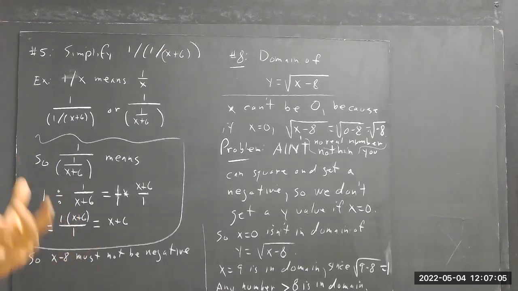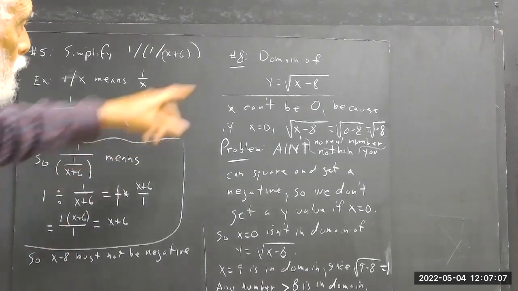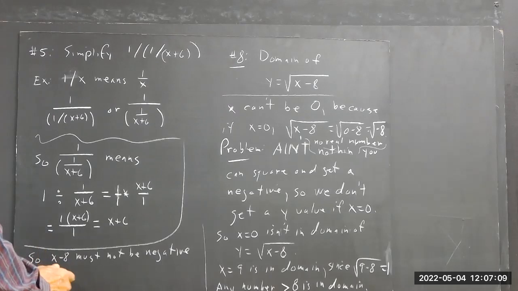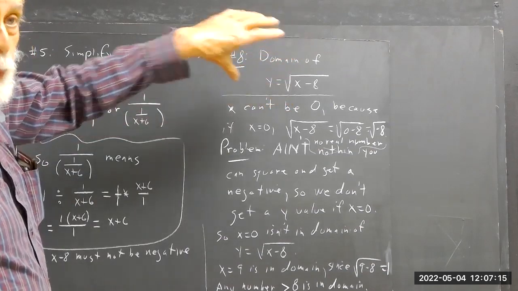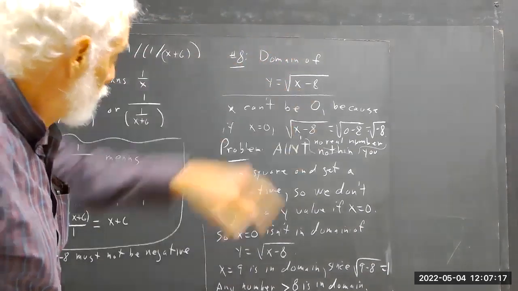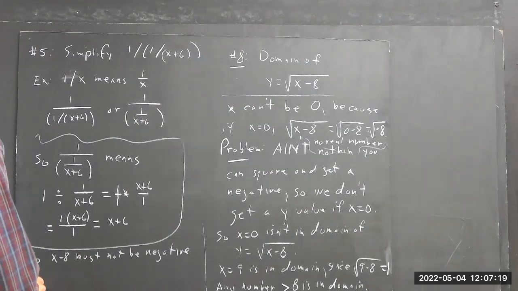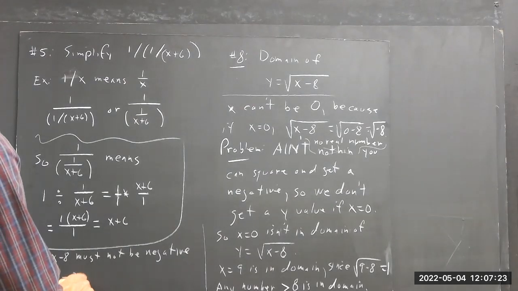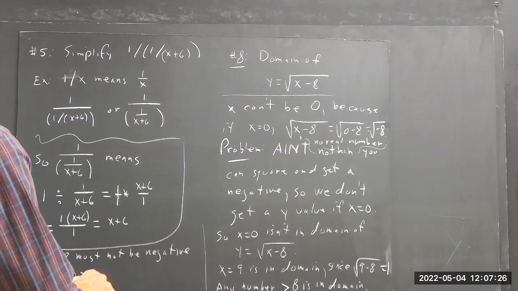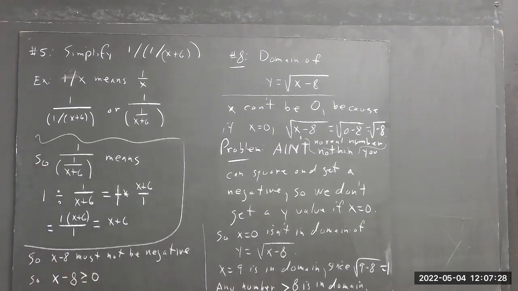But once you understand that, you can make the formal argument: x minus 8 can't be negative. You play around with numbers and figure out why this quantity can't be negative. So x minus 8 has to be greater than or equal to 0.